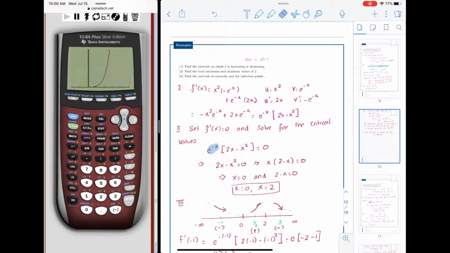I'm not hitting 3. And that's what we see at 3. So let me zoom in between 2 and 3, or 2.5 and 3.5.